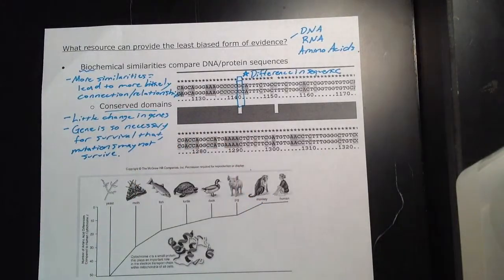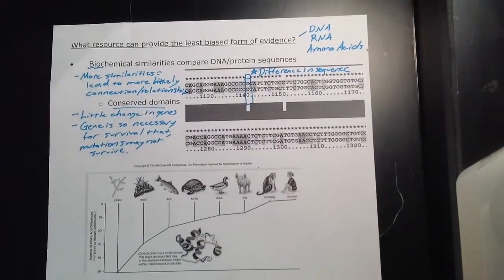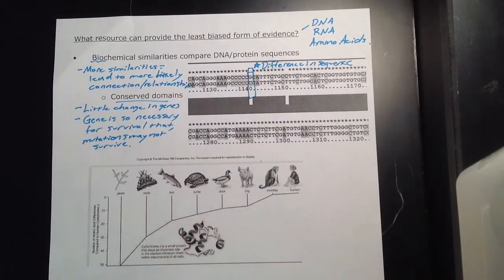So between different organisms, different animals, different bacteria, sometimes there's some big similarities. Sometimes there's only one big difference, or just a very few differences compared to the thousands of nucleotides or nitrogen bases that you would have in their DNA.